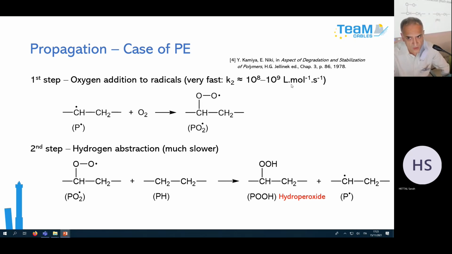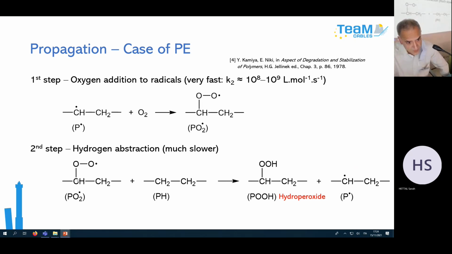You have here the order of magnitude of the corresponding rate constant. And you have a second step, which is considerably slower. It is the hydrogen abstraction. So the peroxy radical abstracts one hydrogen atom from a polymer chain in order to form a hydroperoxide and a new alkyl radical.